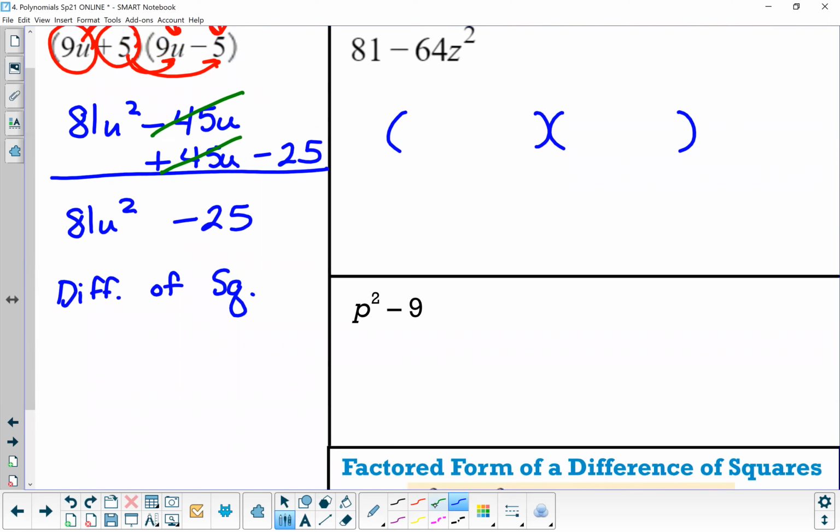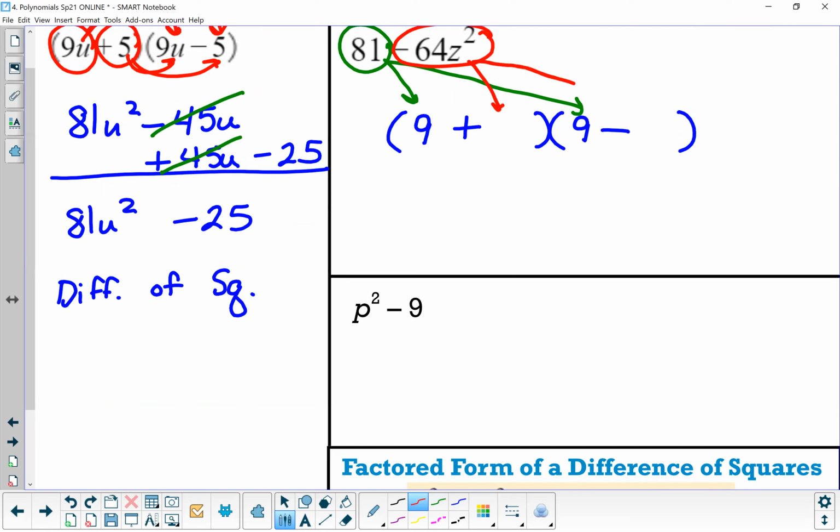So what that means, the 81 tells me what goes there and there. That's going to be 9 and 9. And then I'm going to do plus and minus. And then the minus 64z squared, that tells me what goes here and there.